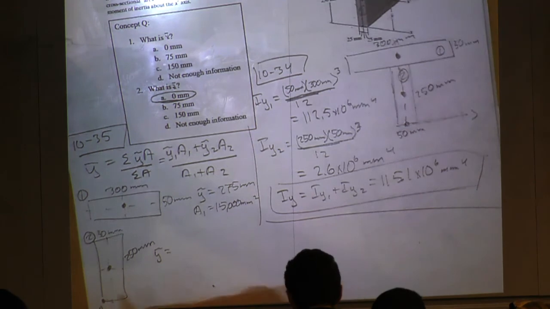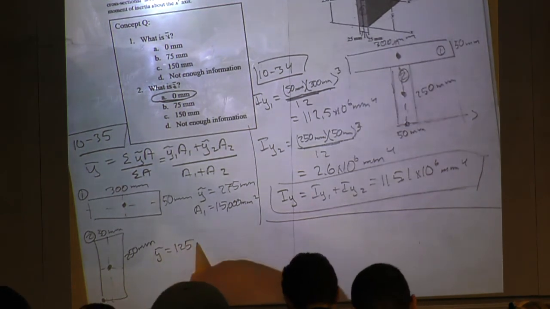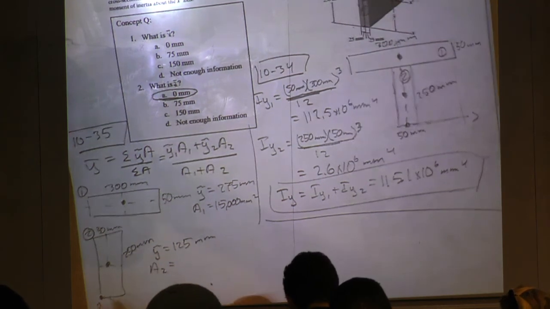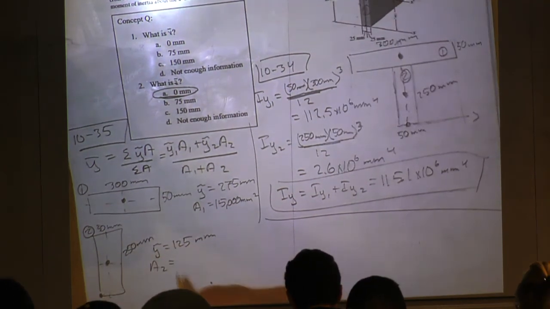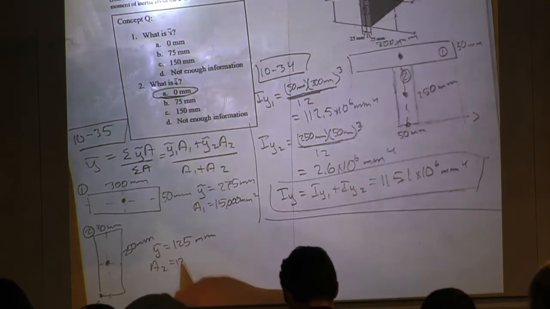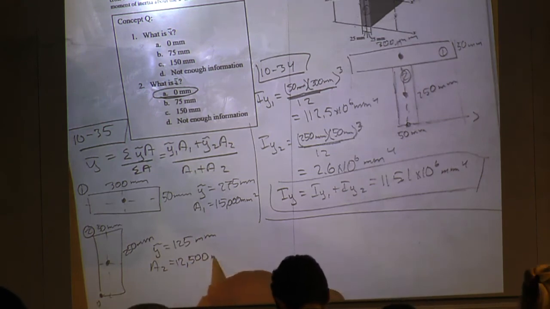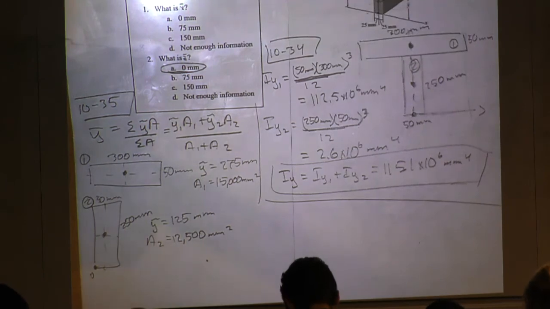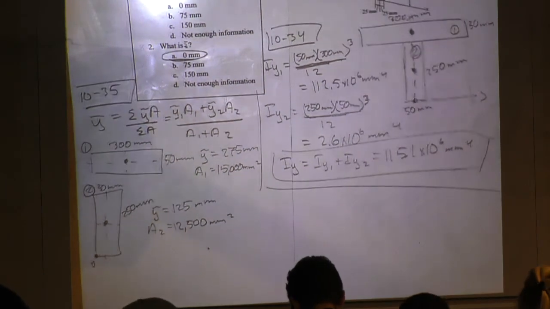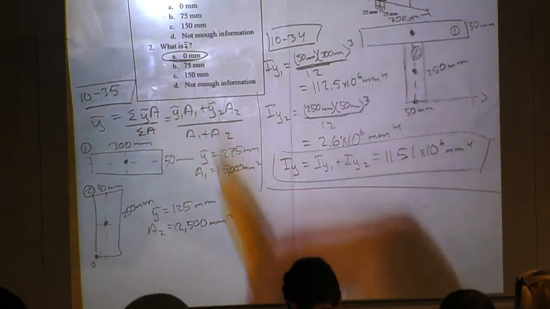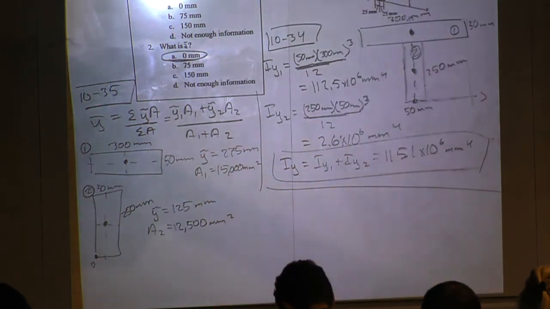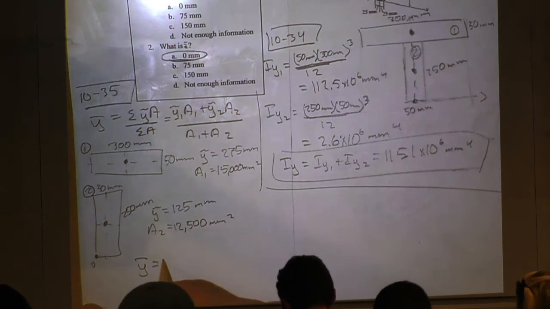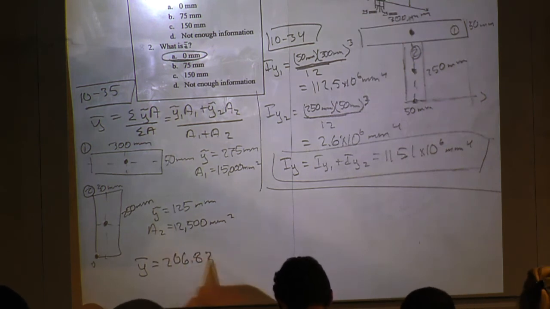This is where our origin is, so it's just half of that. Base times height, because that's a rectangle. Okay. And so now we can solve our problem. Right now we have all of our variables in our equation, and so we can solve. So I'll solve it. You guys can solve it, but I'll just give you the answer. Y bar is equal to 206.82 millimeters.